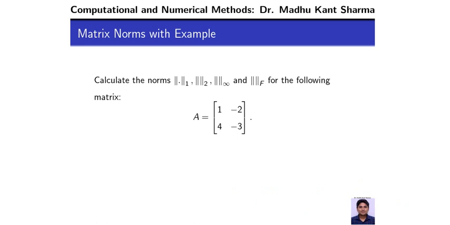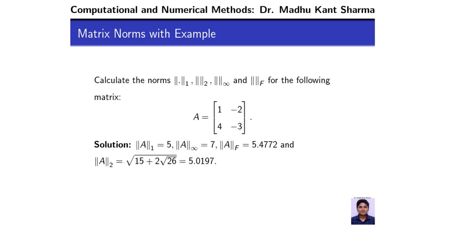Let's have one more example where we will calculate each norm: one norm, two norm, infinity norm, and Frobenius norm. The one norm is the maximum column sum in magnitude.